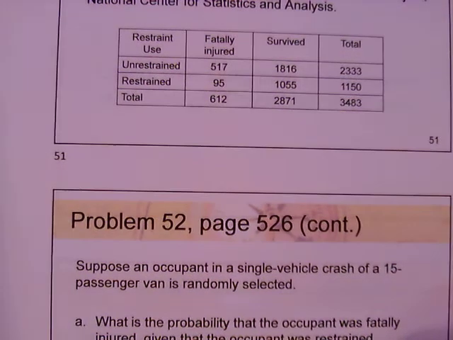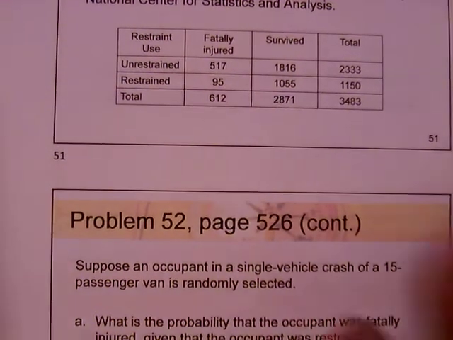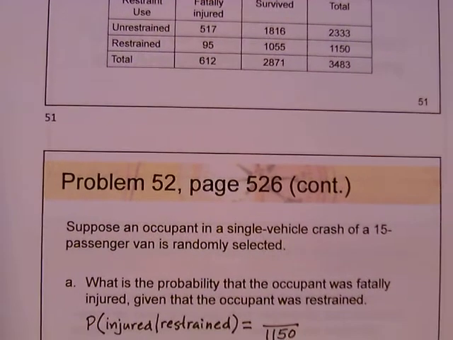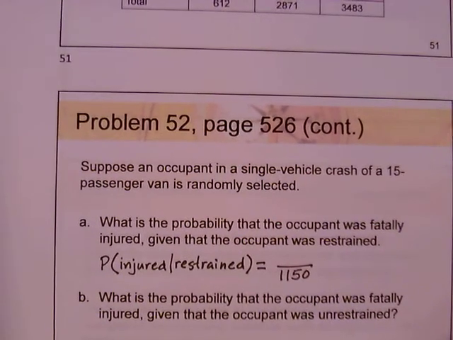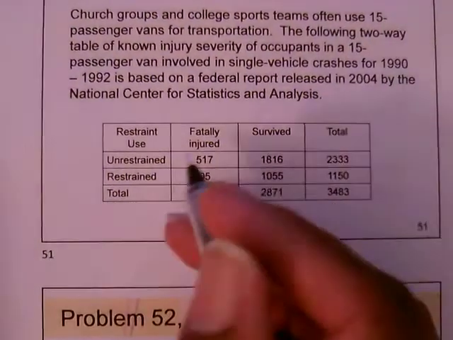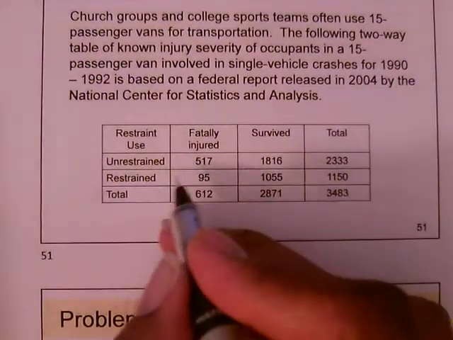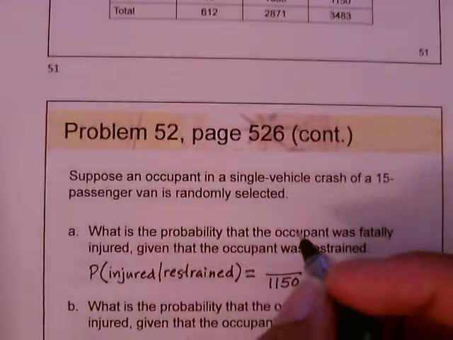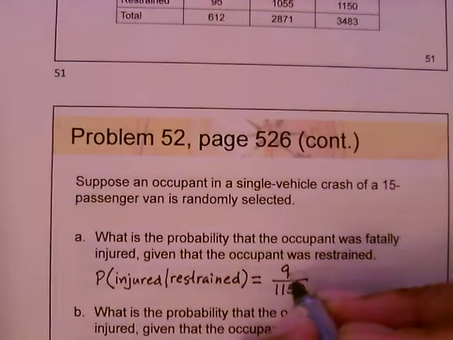The reason for that is I'm only given that this occupant was restrained. And out of the number restrained, how many were fatally injured? So, restrained and fatally injured, there's only 95. So that means that 95 goes up here.